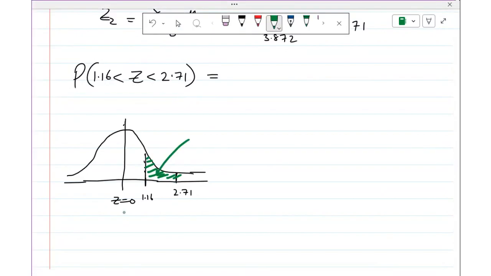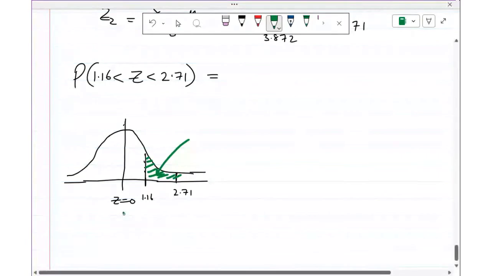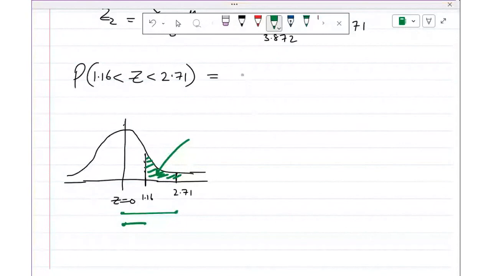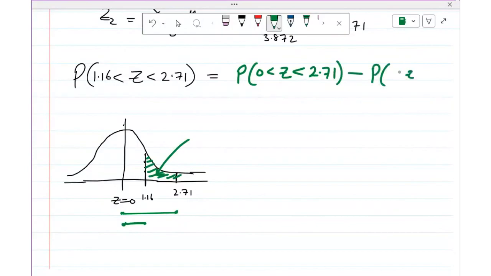But otherwise, if you are given the probability between 0 and 2.71 and between z equal to 0 and 1.16, in that case you can subtract these two, and you will get this in-between probability. So if you are given the probability that z is between 0 to 2.71, from this probability, if you subtract the probability of z between 0 to 1.16, then you will get the answer.